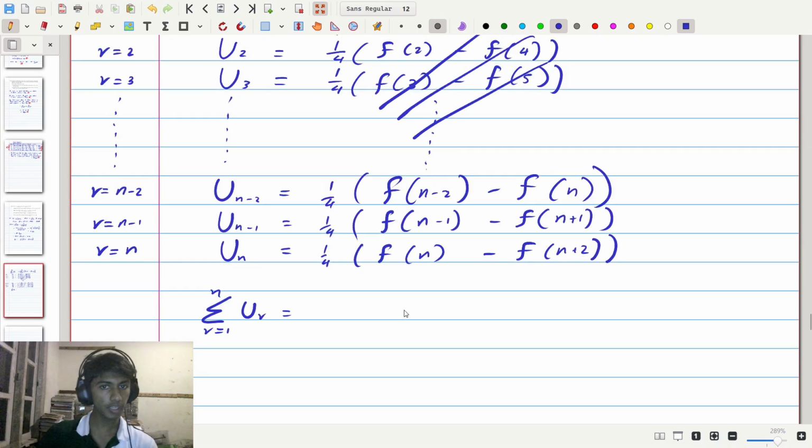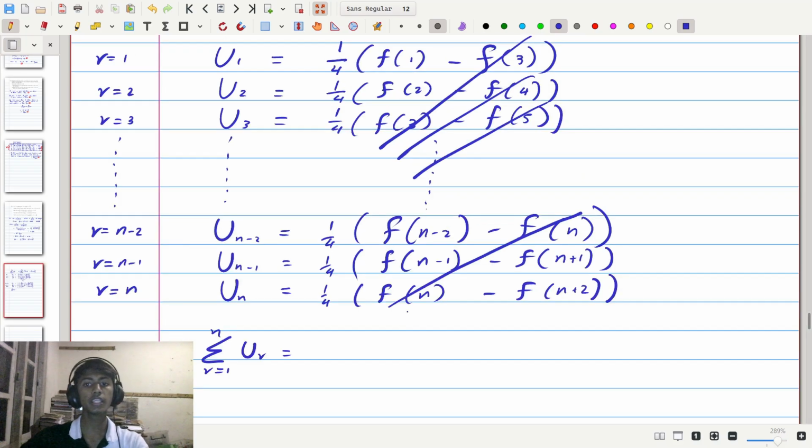Now considering the very last terms, we can see here we have f of n, here we have minus f of n. Cancelling them out, we would get nothing there. Similarly, in the previous term, here we'd have minus f of n minus 1, here we have plus f of n minus 1, those two cancel and so on upward.